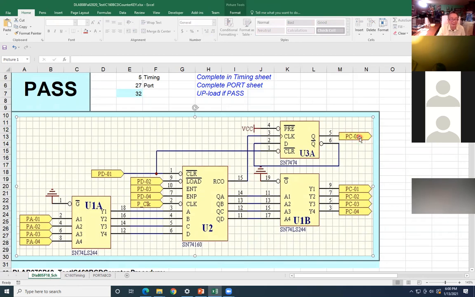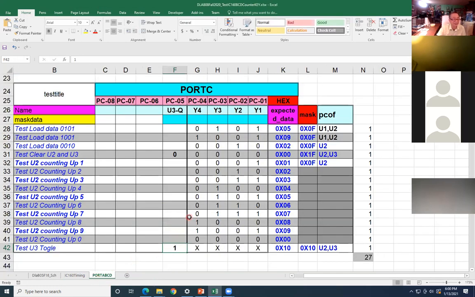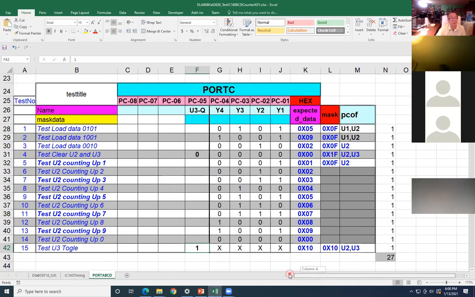So if I see this toggle to 1, I know this output will be working. So basically, you must test like that on the count up, not count down. And here, you can get up to only 15 taps. Very simple.